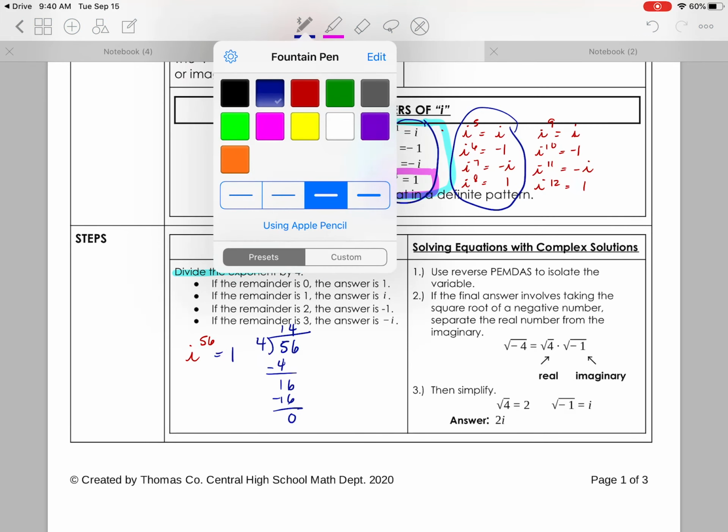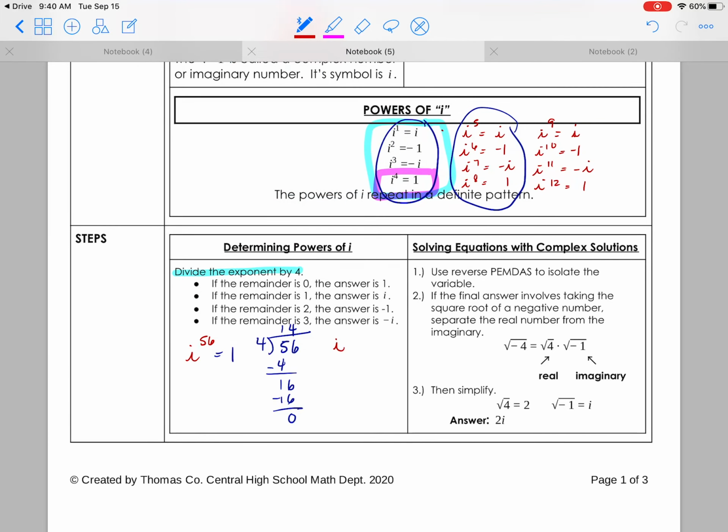Okay, let's do another one really quick. What about i to the, let's say, 43rd. We're going to divide our exponent by 4. It goes into 4 once, that's 4, then 3, and it goes into 3 0 times.